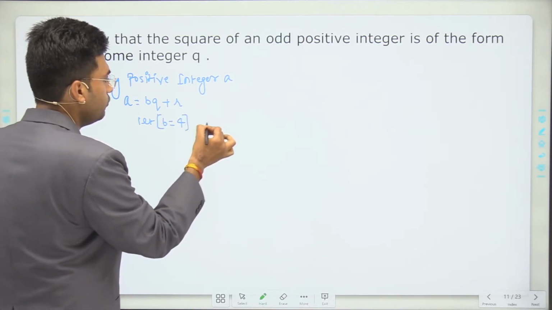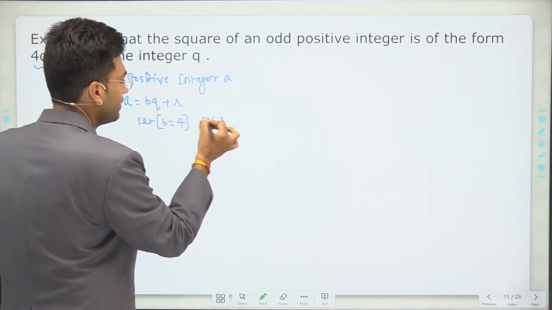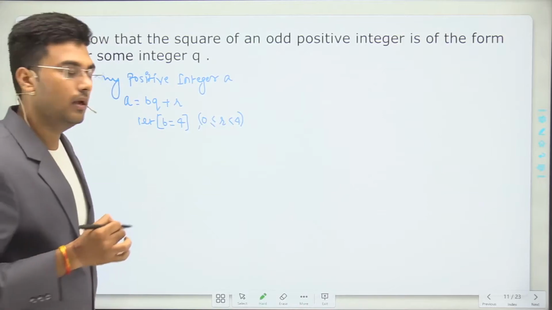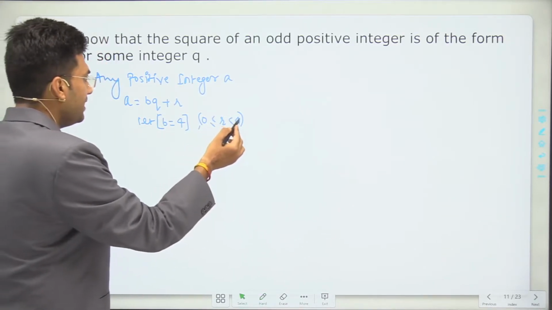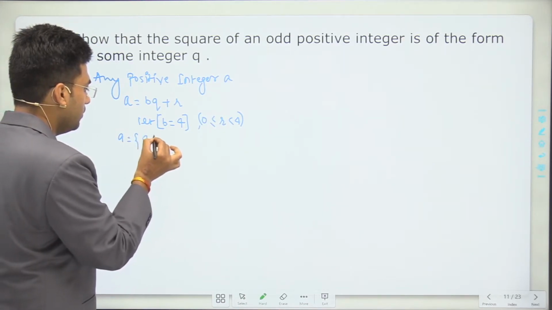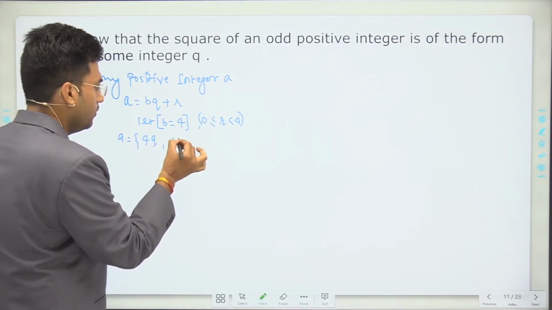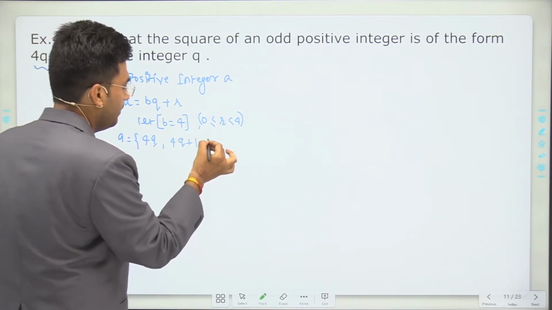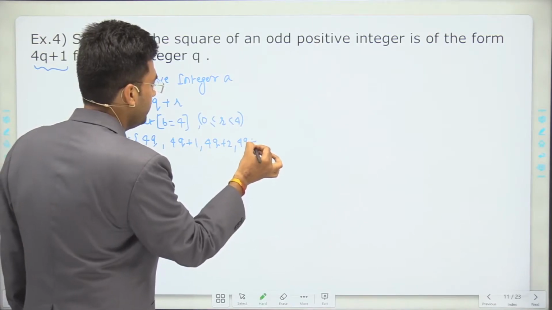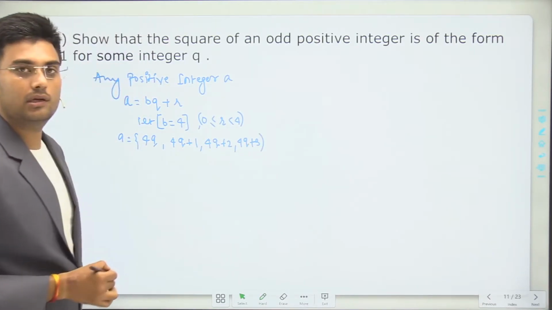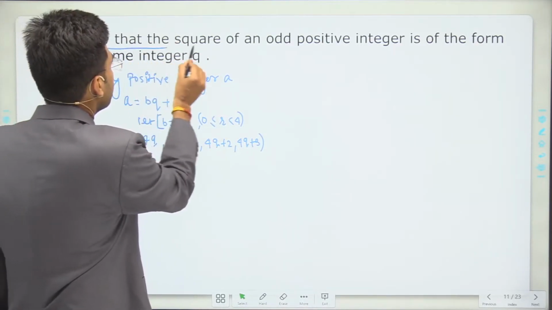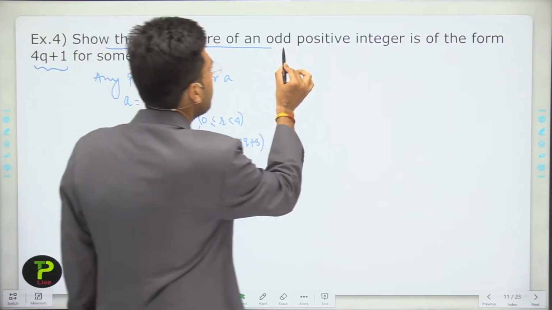If b is equal to 4, then r is always greater than or equal to 0 but less than 4. Clear? So a is equal to 4q, 4q plus 1, 4q plus 2 and 4q plus 3.